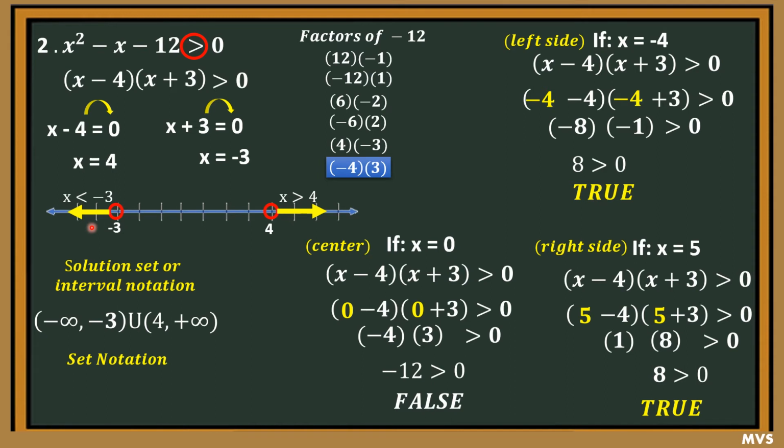Let us write that in the set notation. Always use brace. So we have here x such that x is less than negative 3 and x is greater than positive 4.